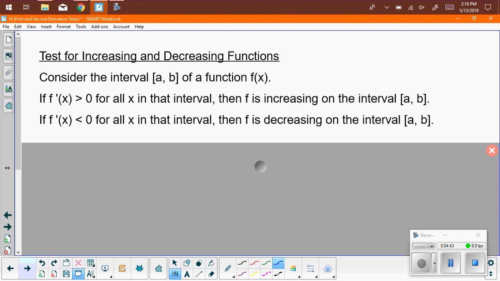This is a summary of that first investigation from yesterday's notes. If I have some interval (a, b) of a function, if my derivative is greater than 0 on that interval, then my function has to be increasing on that interval. If my derivative is negative on that interval, then the function is decreasing on that interval.